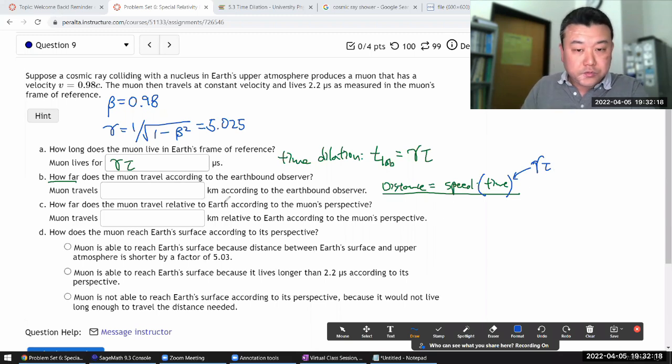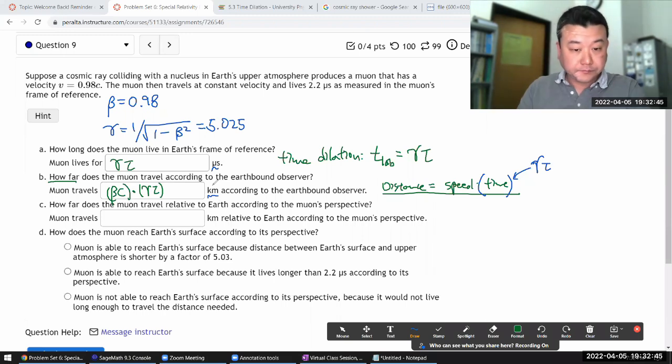So the muon travels, and I'll have to watch out for the units later when I plug in the numbers, at its speed, beta c, times the duration of time, which is gamma tau. Plug in the numbers, that's the answer.